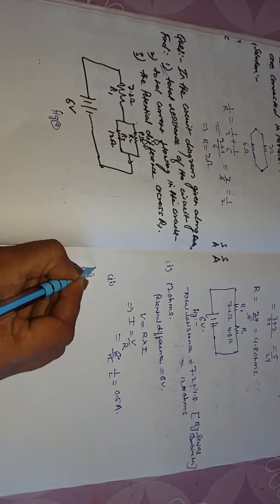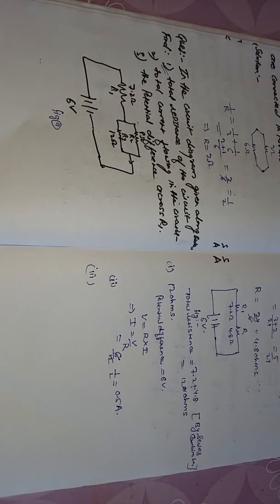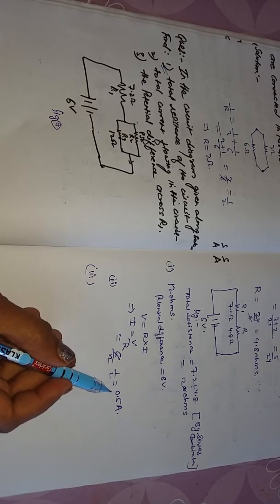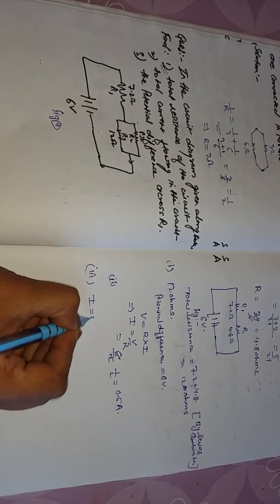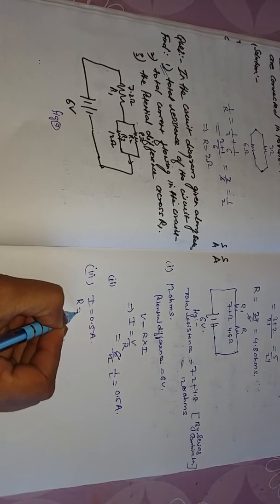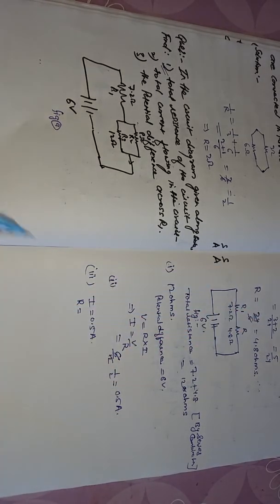Now the third one is the potential difference across resistance R1. In the series combination circuit, the current flowing through it is same, then I equal to 0.5 ampere, and we have to calculate the potential difference across resistance R1.